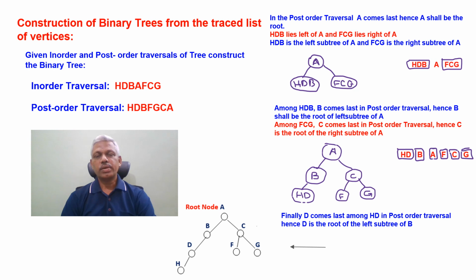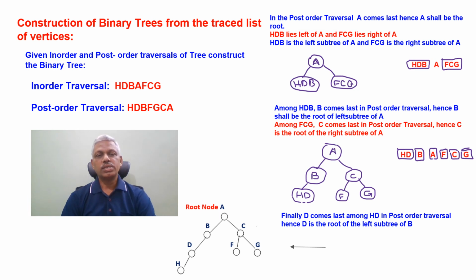Again, if you compare the subtree part of HDB, in the post-order traversal B comes last among these three vertices. So for the left subtree, B should be the root node. Similarly, for FCG in the in-order traversal, C should be the root node and F and G should be the children of that.